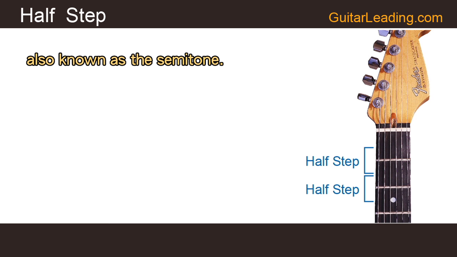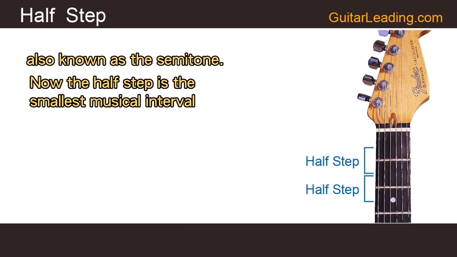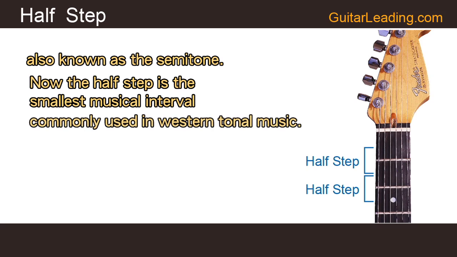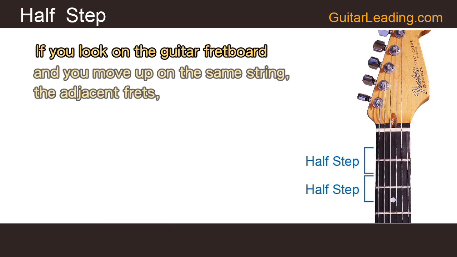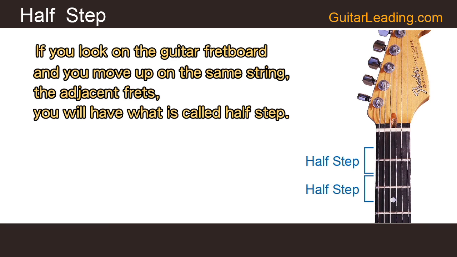So the first thing that we will look at here is the half step, also known as the semitone. The half step is the smallest musical interval commonly used in Western tonal music. If you look on the guitar fretboard and you move up on the same string, the adjacent frets will have what is called the half step.